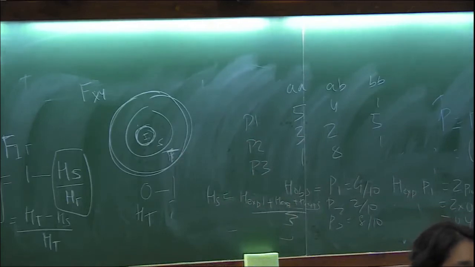Right? Got it? And then 2 into 15 by 30 into 30 minus 15 by 30, whatever. So that is the HT, expected heterozygosity in the total population. Got it?